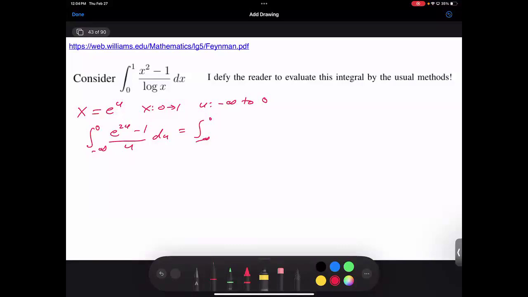So we know that the first half should also be so that it cancels. As u goes to 0, what do we get? 1. So that looks finite, because that looks like 1 minus 1.